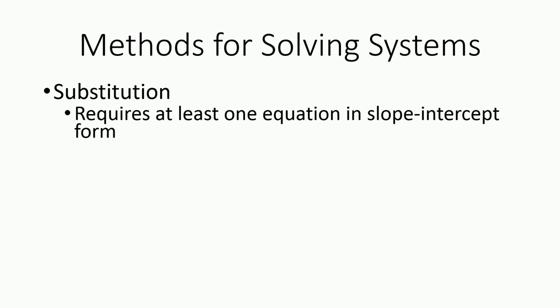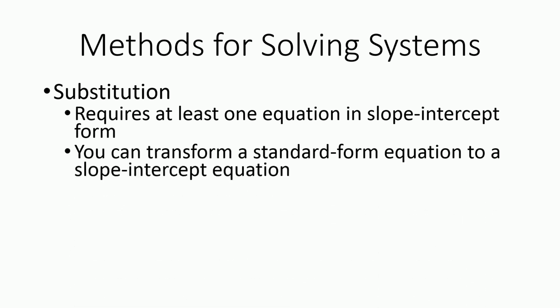And if what's on the other side is just y, I can replace y in the second equation with that expression. We could, if we need to, transform a standard form equation into a slope-intercept equation to use substitution. Usually we prefer not to do that, but you could.